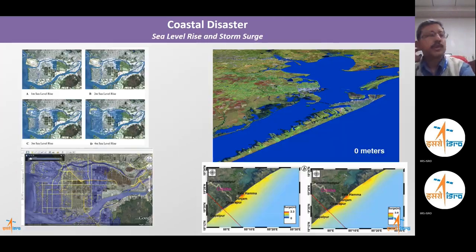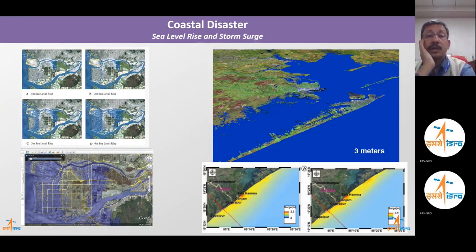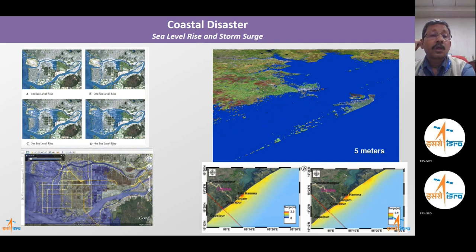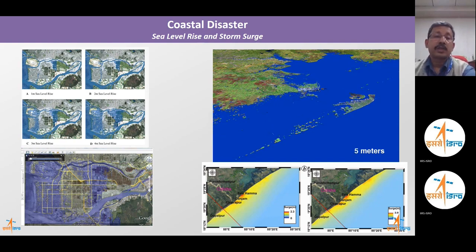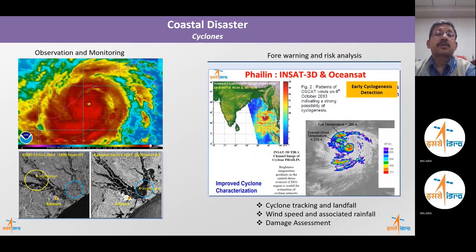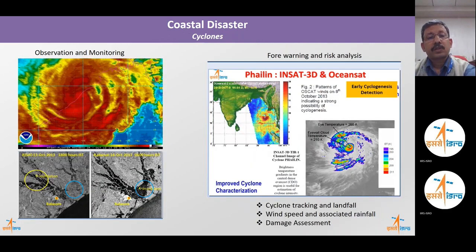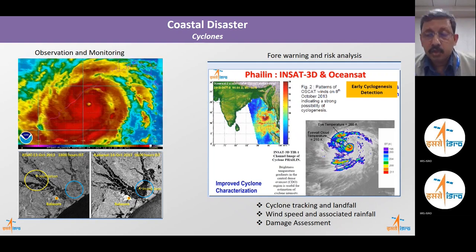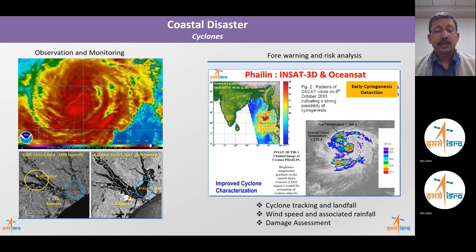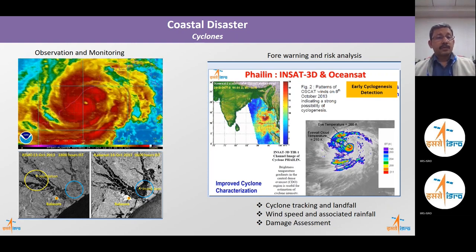Then we have the other forms of coastal disasters like sea level rise, storm surges, incursion of salt water into aquifers, which actually affect a lot of human society as well as human health. Another of the coastal disasters are the cyclones. In fact, this is one area where space technology has had a huge impact in saving lives.